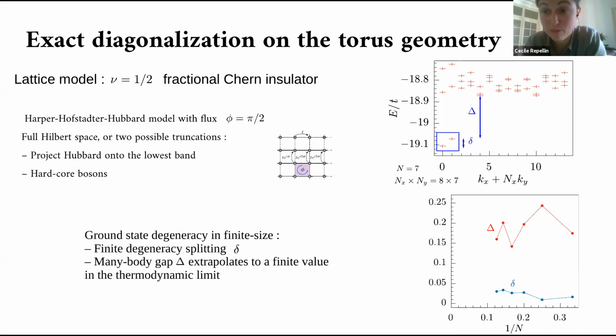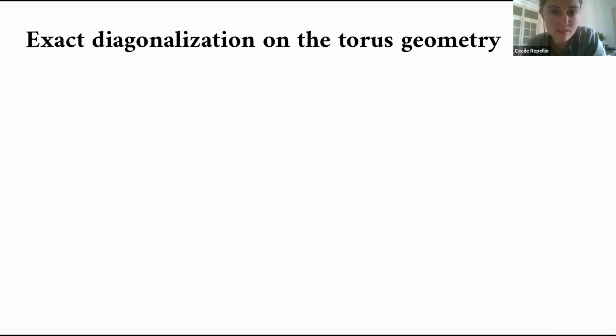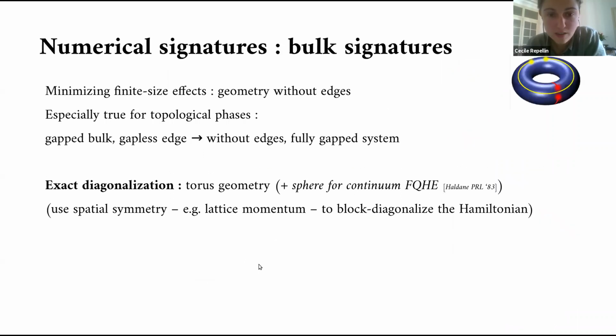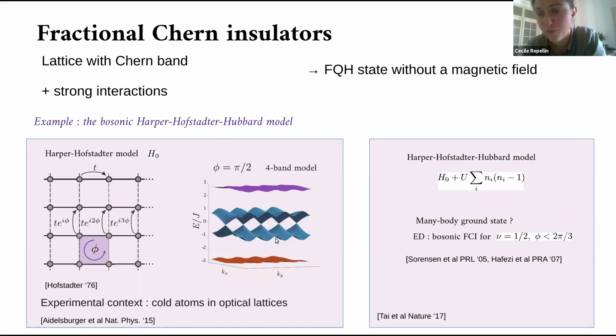So if you have several bands, that's not the same thing. When I have phi equals pi over 2, I actually have 4 bands in the system. So maybe I can show you again the spectrum. Yeah, here. Those are the 4 bands. So there's a factor of 4 between the filling fraction of the lattice and the filling fraction of the lowest bands.